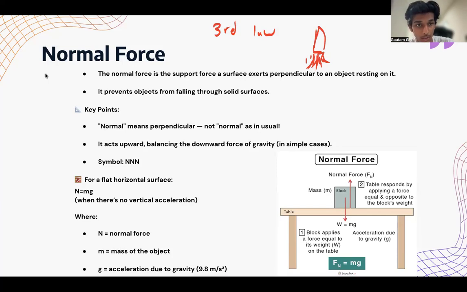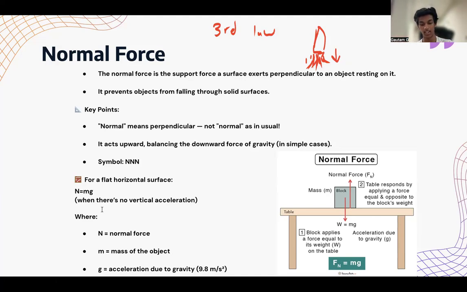Technically, without the normal force, this rocket wouldn't be able to go up because this gas is pushing downwards, correct? Out of this rocket. Does that make sense to you guys? The fuel that's coming out of the rocket is going directly downwards, almost like propulsion.